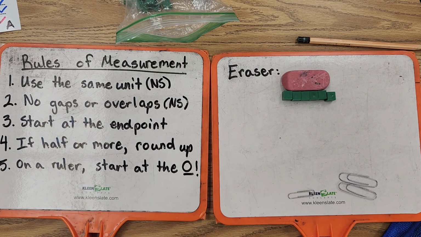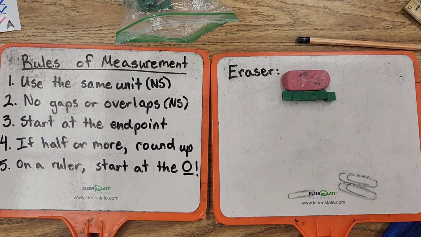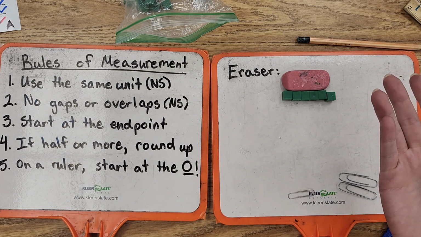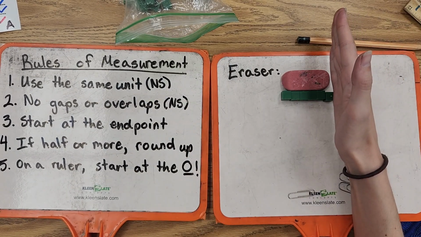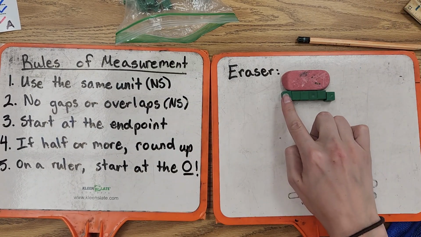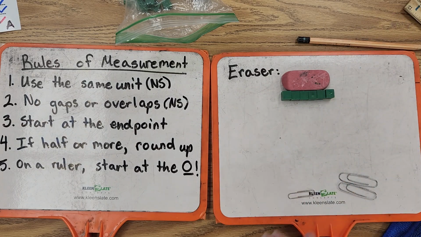In second grade, we don't necessarily talk about some of those higher fractions like tenths. We touch on eighths, but we don't go to tenths and other ones that are higher than that, which we would need to be able to read the centimeters on this normally. So in second grade, we don't even go to the half. If we reach that halfway point, which it looks like this one does, we go up. So instead of saying it's 5, since it goes about half on that 6th one, we would count the 6.